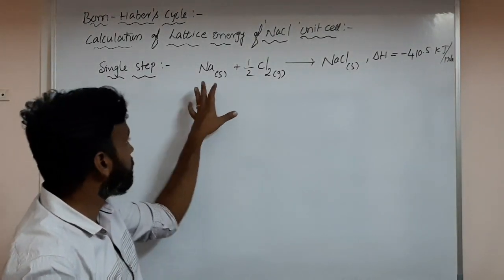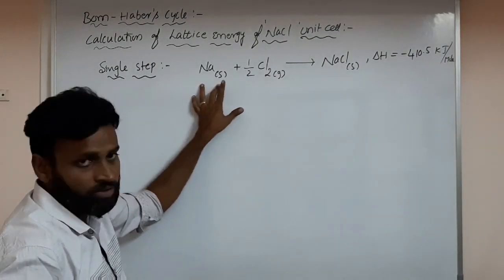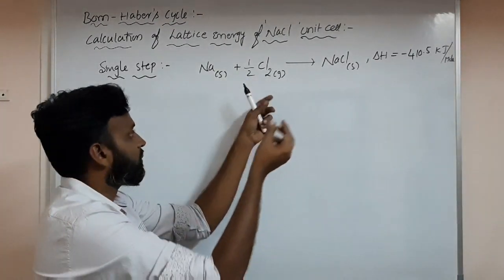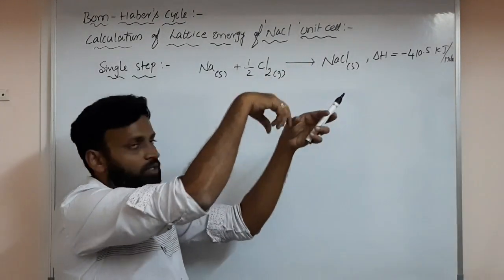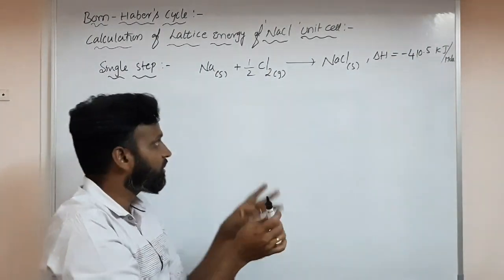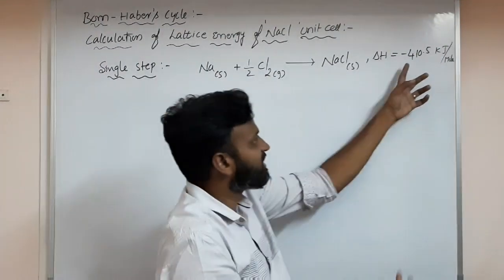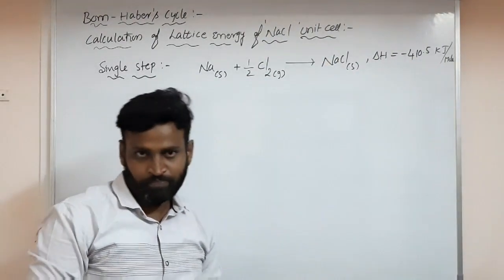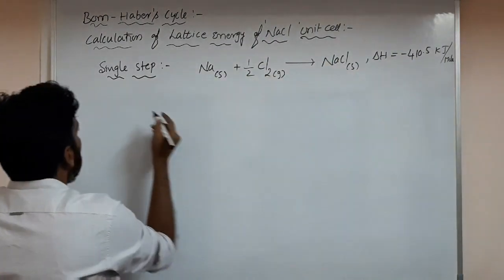So sodium is stored in kerosene. If a small piece of sodium metal and chlorine gas are both introduced into a beaker, some heat will be released, this much heat, and NaCl will form. So this is the single step.